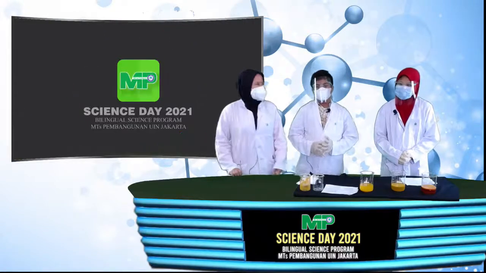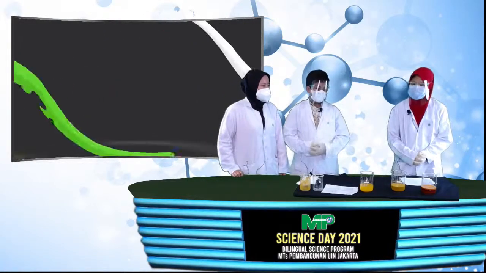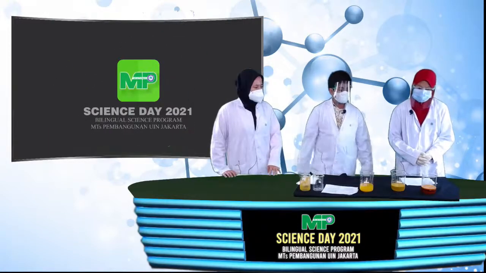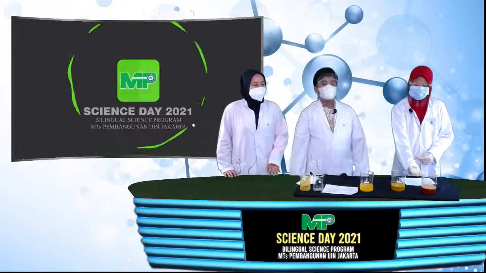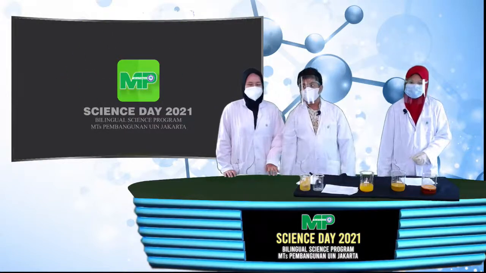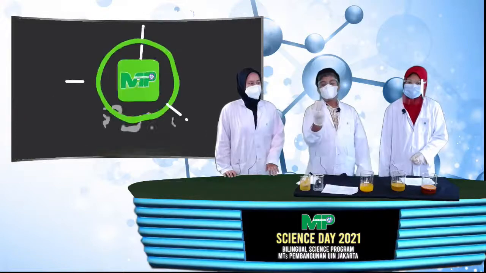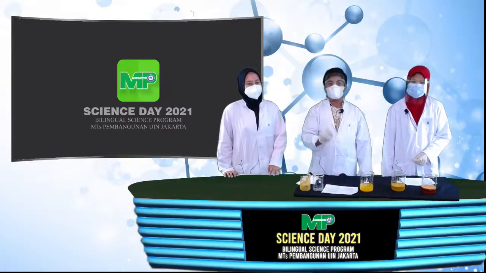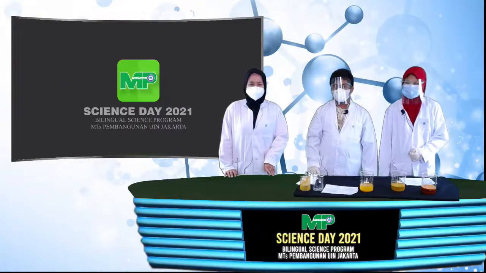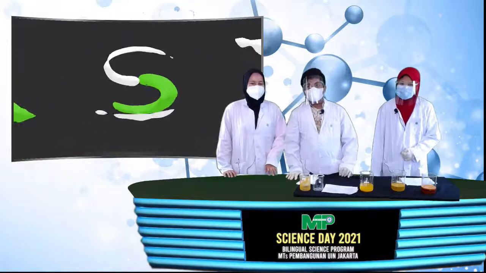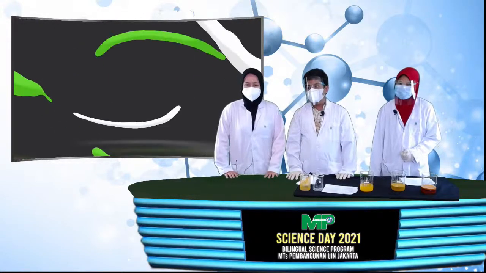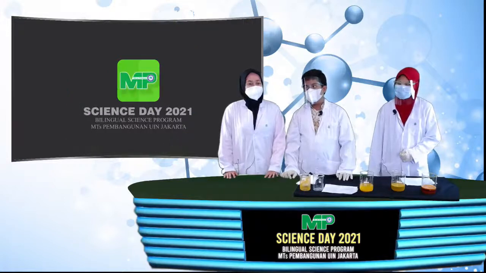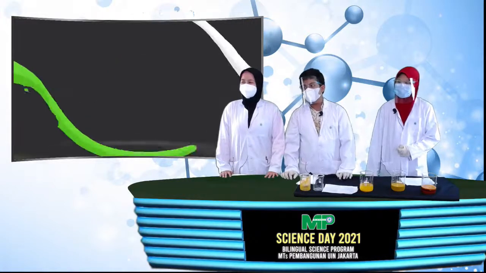Maybe it's an easy answer. We can move to the next question. The last question is, which kind of solution is in glass C? There are only three choices: acid, base, or neutral. If you answer correctly, you will get a GoPay voucher. Anyone? The GoPay voucher is waiting for you.